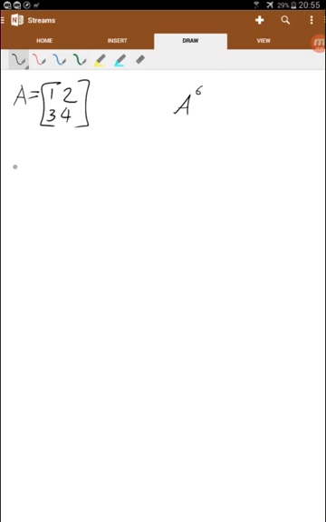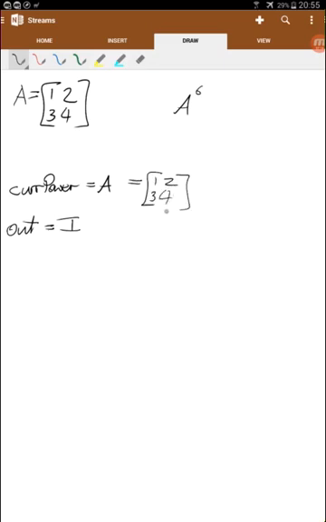So the first thing we do is we set up power, and we say that that's equal to A. With that as well, we have our output matrix, and that's equal to the identity. So we said that A was 1, 2, 3, and 4, and that the identity is 1, 1, and 0s everywhere else.